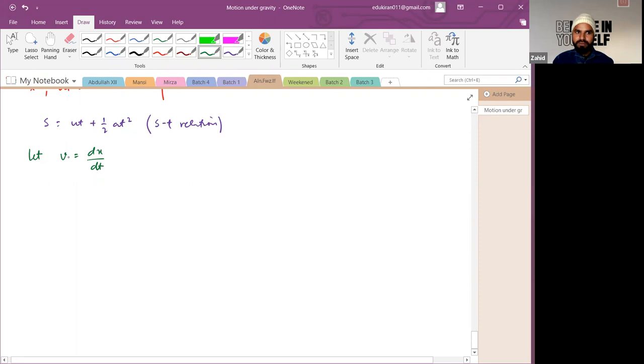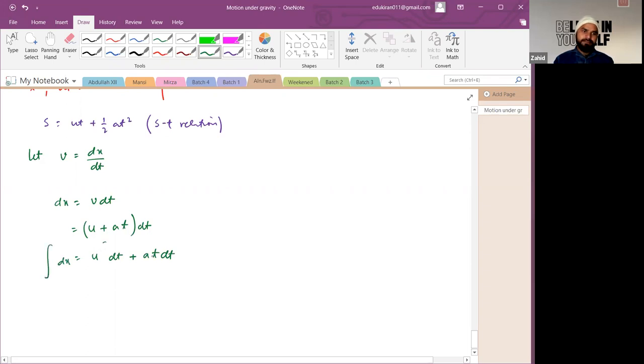So we have to convert v in terms of u and a using first equation of motion. We can write it as dx is equals to v times dt. If you put the value of v to be u plus at using equation first, and expand it, it will become u dt plus at dt is equals to dx.